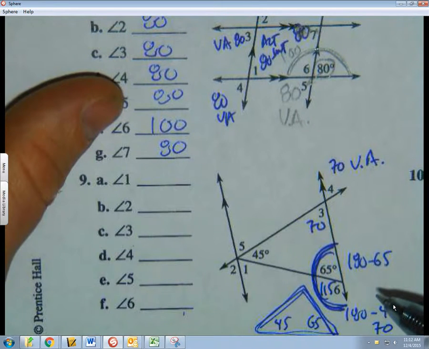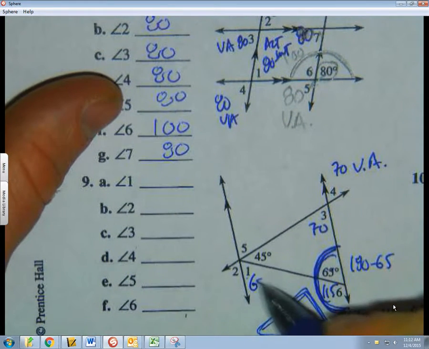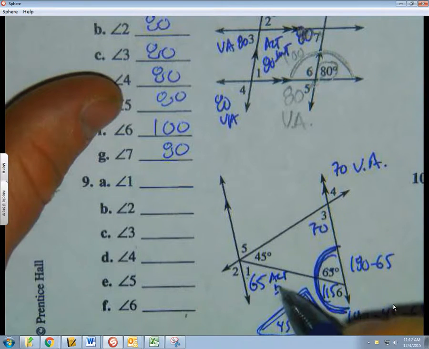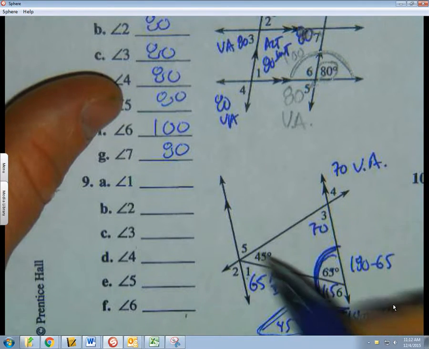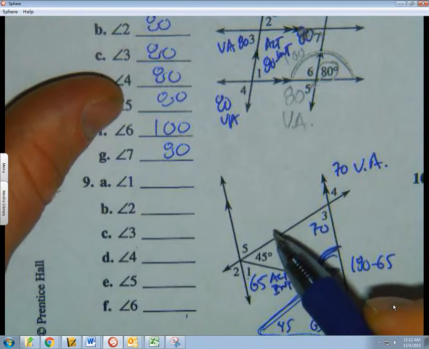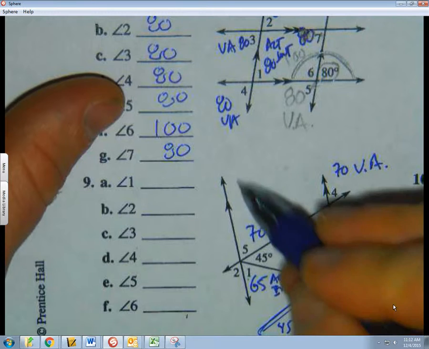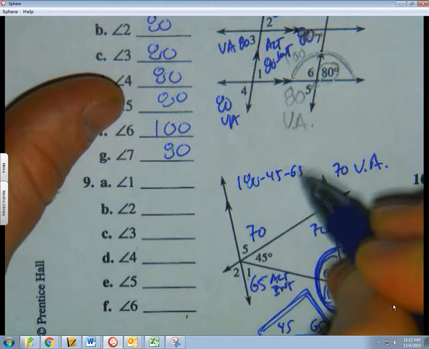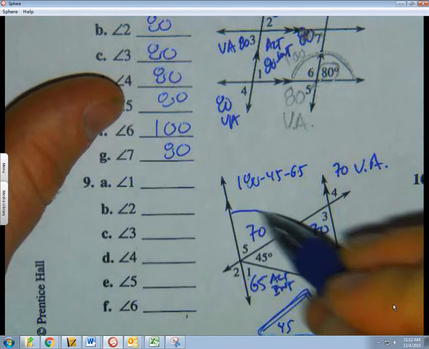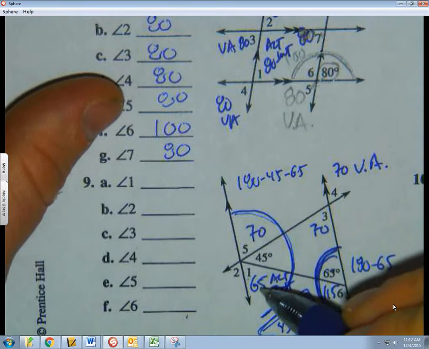Let's go back up here. If this is 65 and those are alternate interior, so that's going to be 65. Five is going to be the same as 3 because those are alternate interior. They're inside those parallel lines. You could also do 180 minus 45 minus 65 again, because you've got these 3 are 180, and you could do 180 minus 45 minus 65 and get 70.